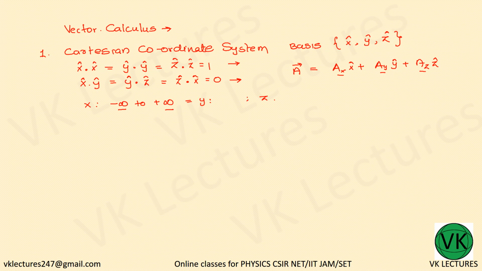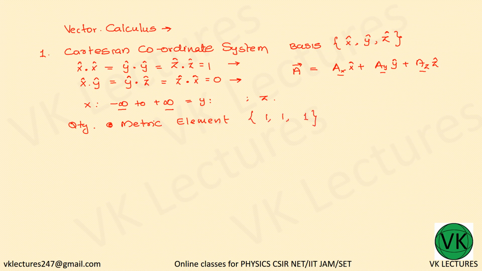Now I am introducing a quantity called the metric element. The metric element for the Cartesian coordinate system is 1 1 1.